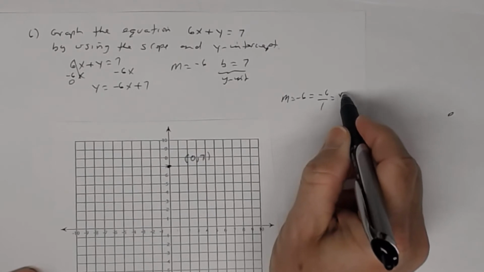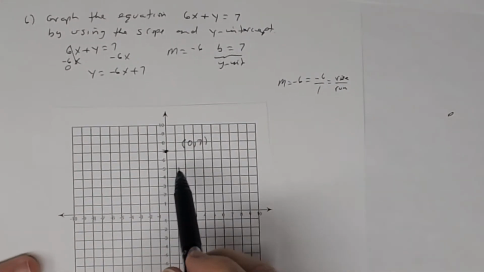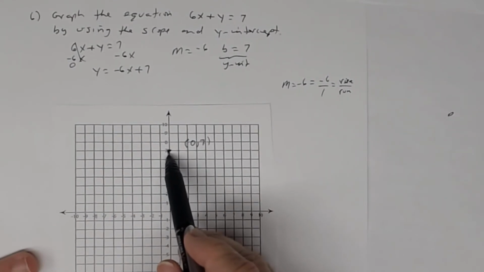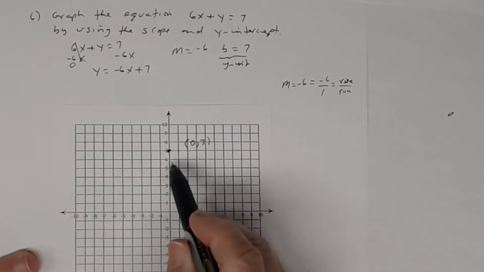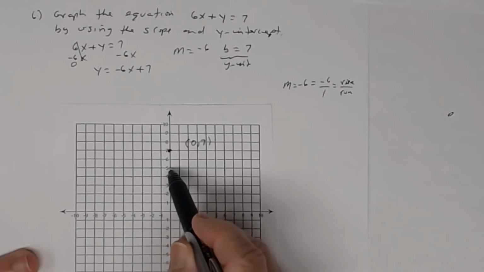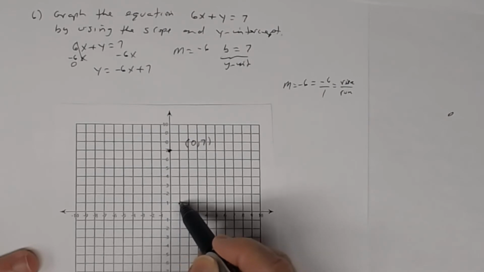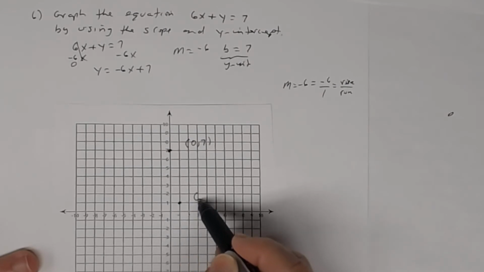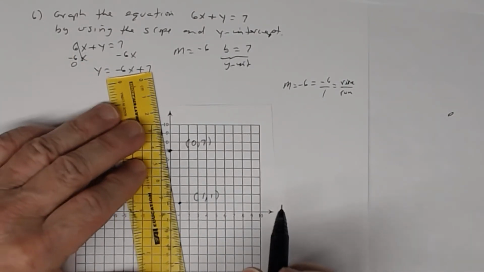So that's rise over run. Okay, so from the y-intercept, you're going to go down 6 because it's negative, and then to the right 1 because it's positive. So down 6. 1, 2, 3, 4, 5, 6, and then to the right 1. And so that point is 1, 1. And so there's your other point. You now have 2 points, and then you graph the line.